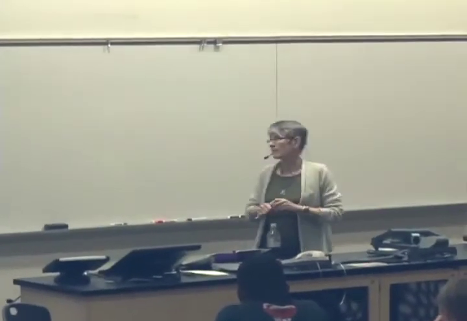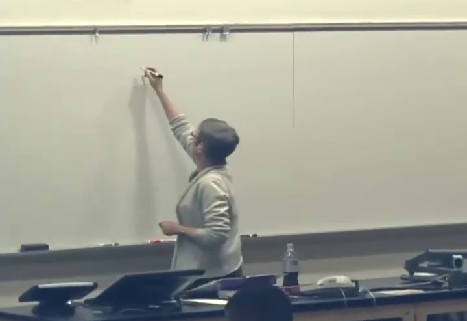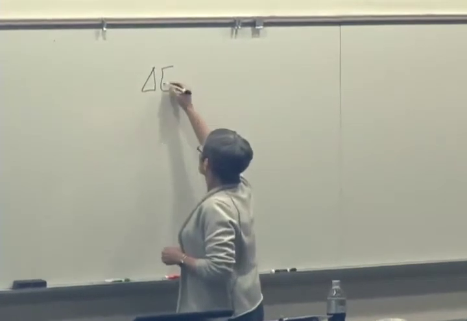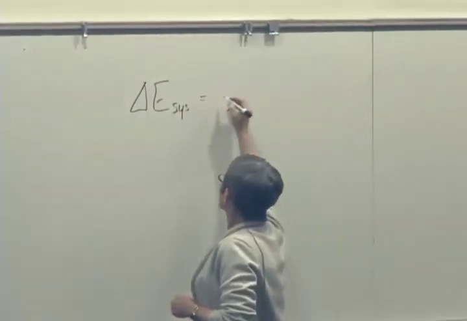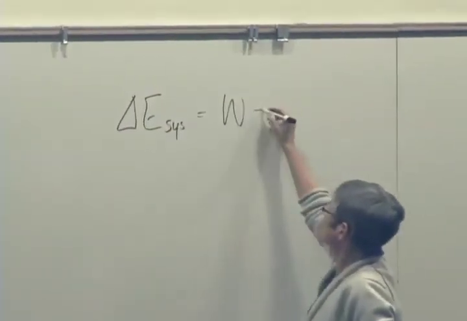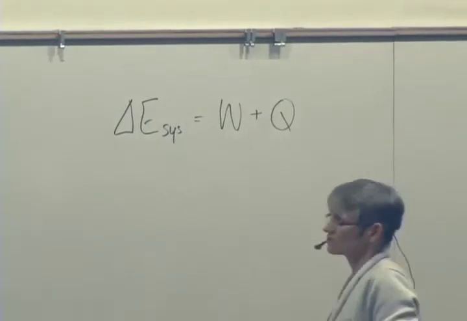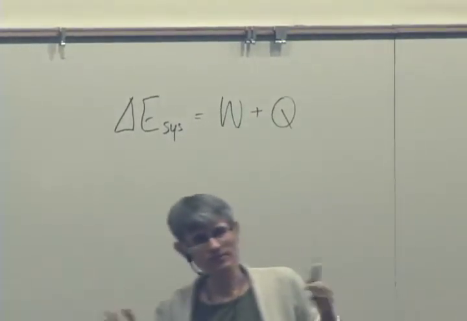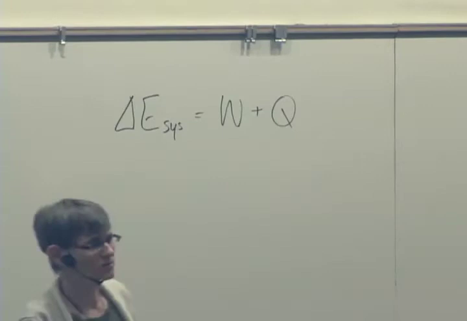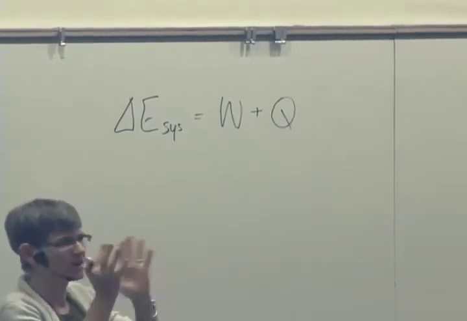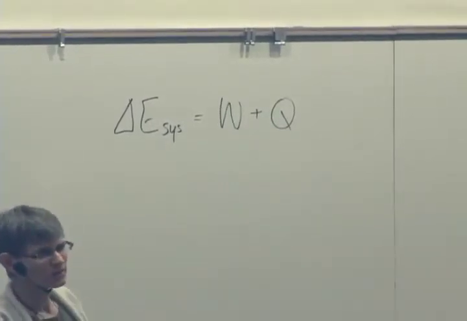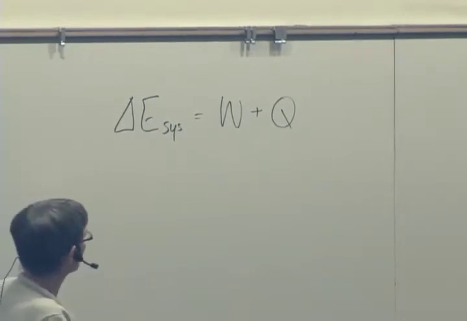We have the change of energy of a system is work done by the surroundings plus energy transferred into the system due to a temperature difference with the surroundings. But the styrofoam cup is a pretty good insulator, so it insulates the coffee from the surroundings.